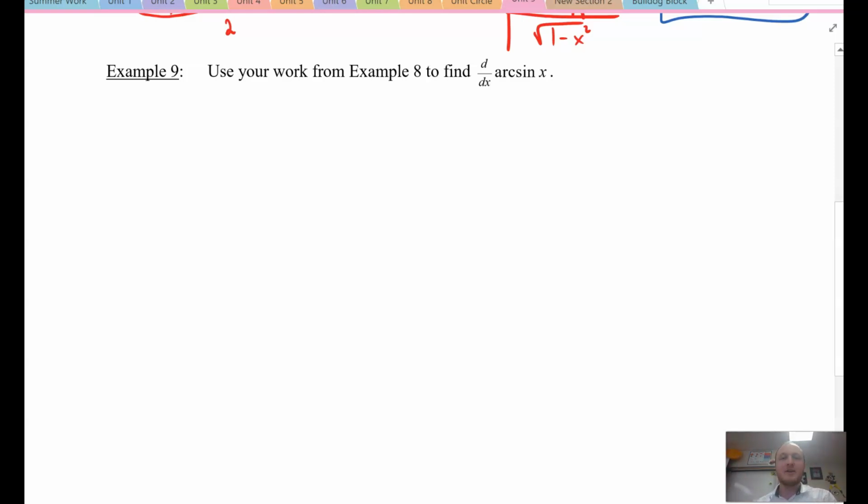What? Okay, so here's what we're going to do. We are going to set up an equation. y is equal to arc sine of x. And what we want to do is rewrite this, right? Isn't this sine of y is equal to x?